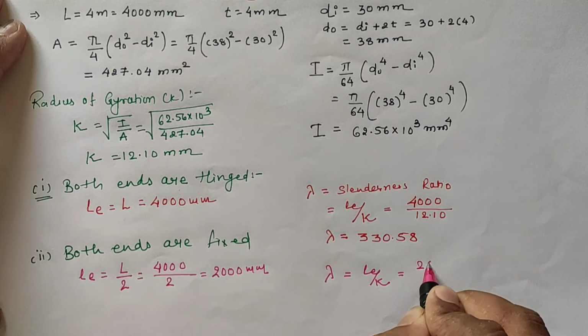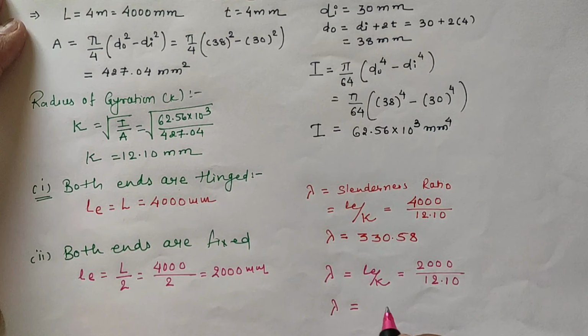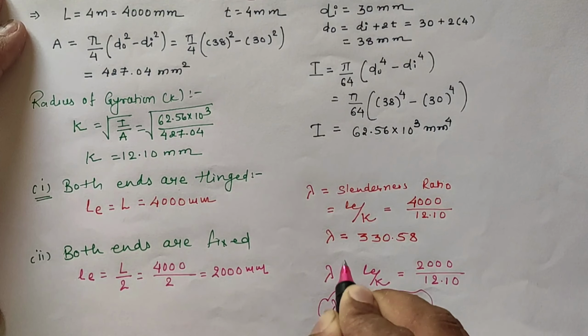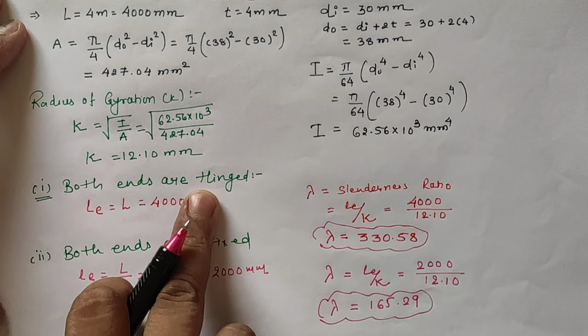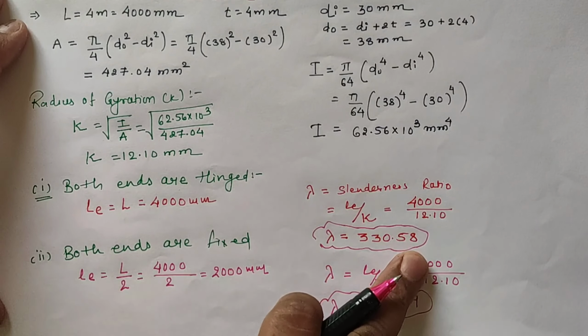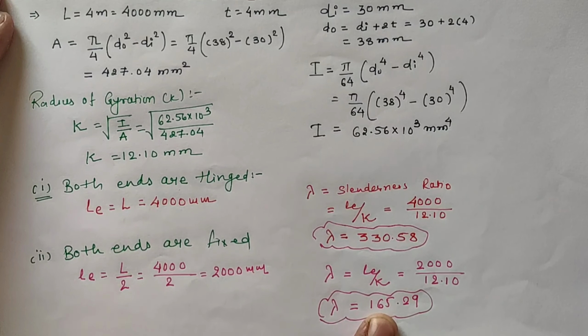So let us calculate it. LE as 2000 divided by K as 12.10, hence in second case our lambda value is 165.29. So for the calculation of collapse load, for hinge condition lambda is 330.58, while for fixed condition lambda is 165.29.